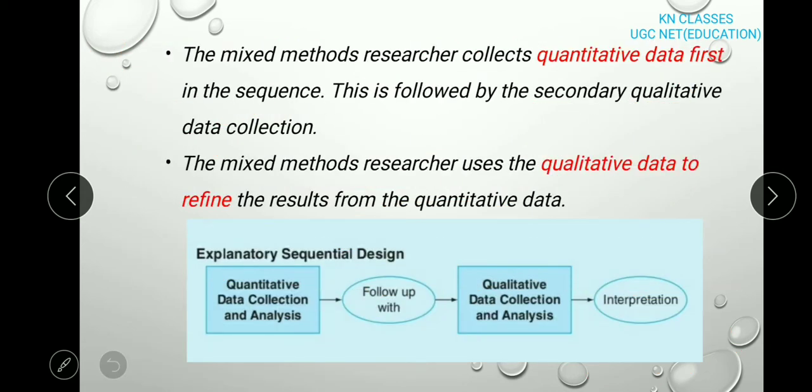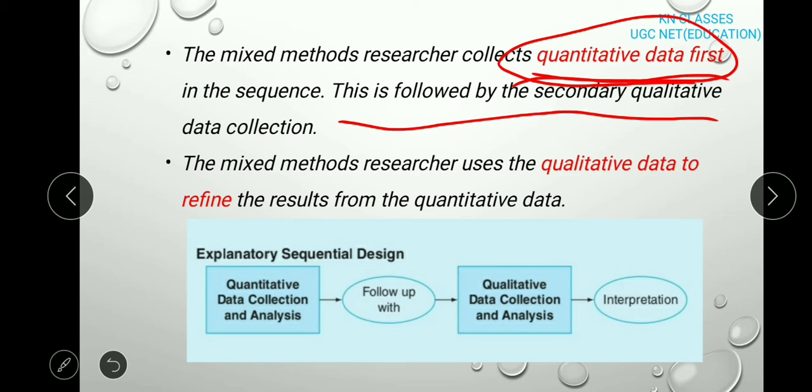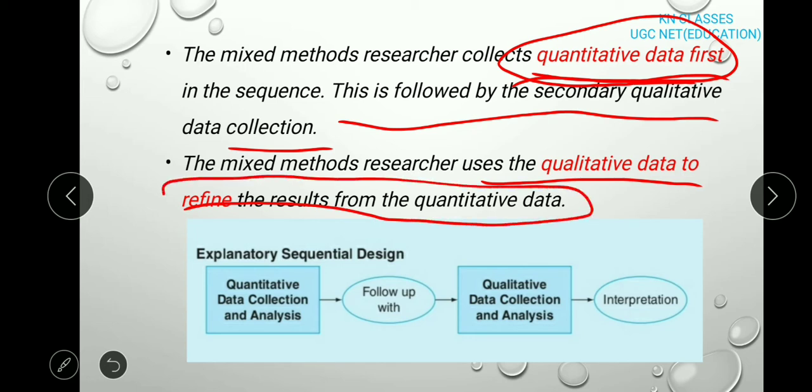The mixed method researcher collects quantitative data first. The main feature of the explanatory mixed method design is that it collects the quantitative data first, and this is followed by secondary qualitative data collection. Why do you collect the qualitative data? To refine the results from the quantitative data.